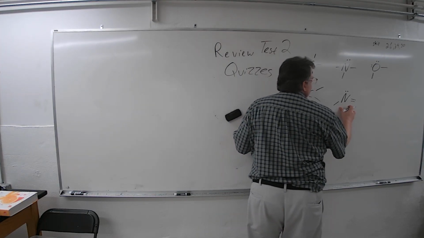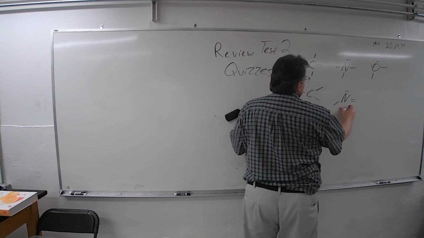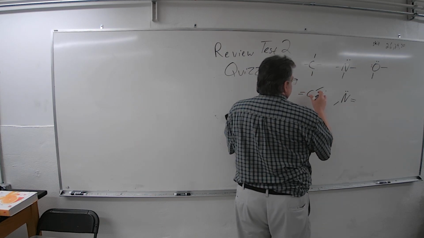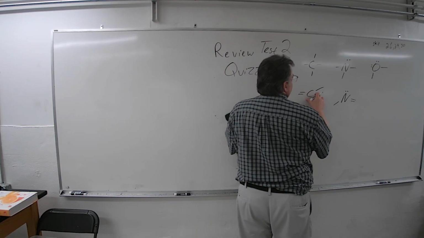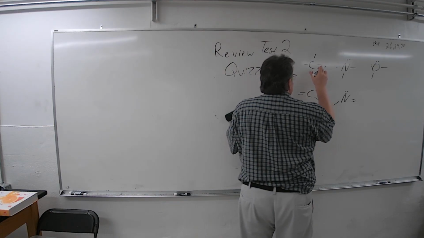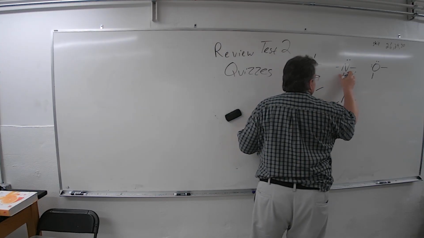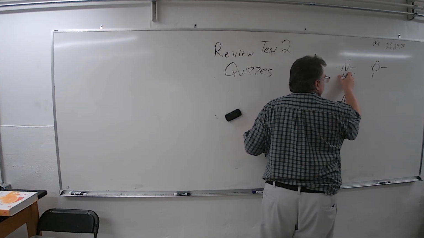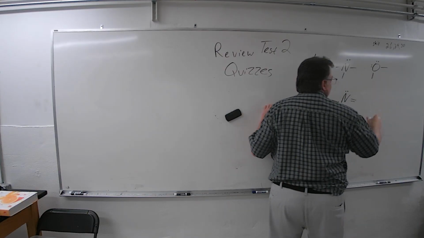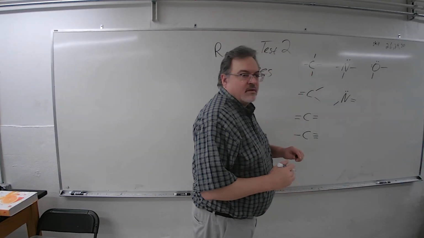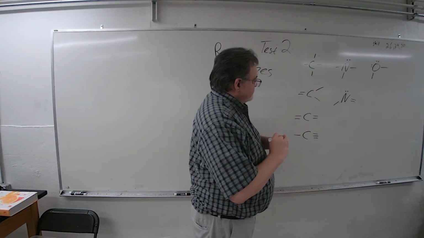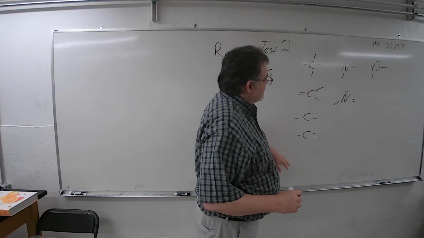So this is bent at 120 degrees. This is trigonal planar at 120 degrees. This is tetrahedral at 109.5 degrees. This is trigonal pyramidal at 109.5 degrees, and this is bent at 109.5 degrees. So those are the 4 ways you might see carbon.